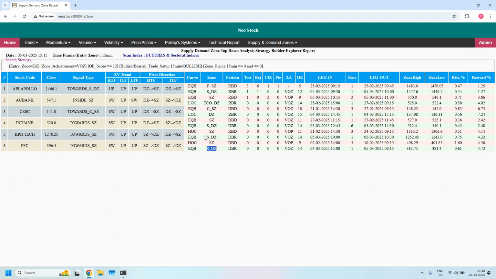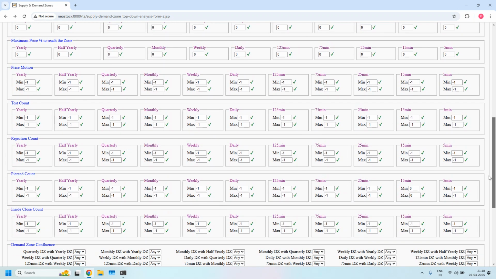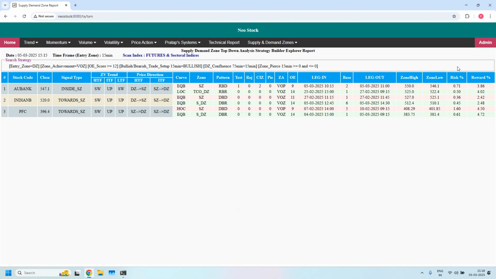Okay, now let us check how many are having LTF, ITF demand zone confluence, later EMA confluence. That is 15 minutes demand zone with 75 minutes demand zone confluence. We got 3 stocks. In these three, how many are having 75 minutes demand zone with daily EMA confluence?